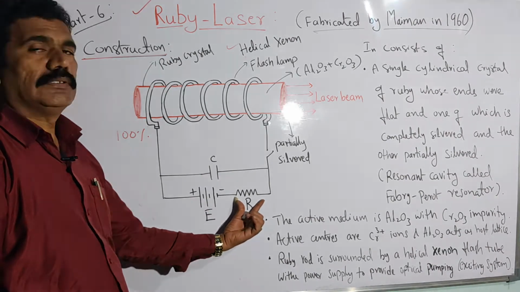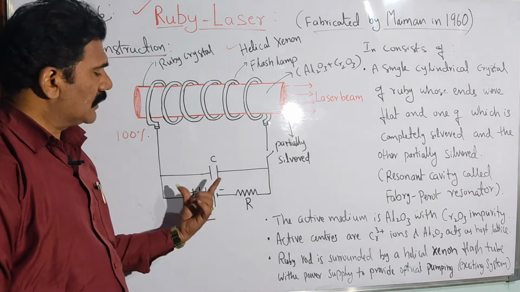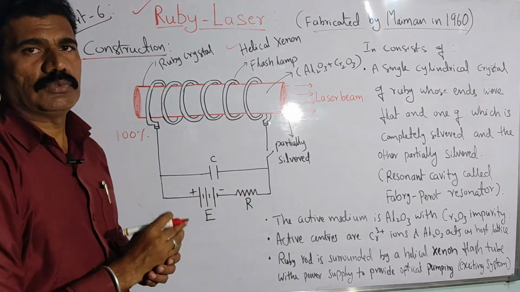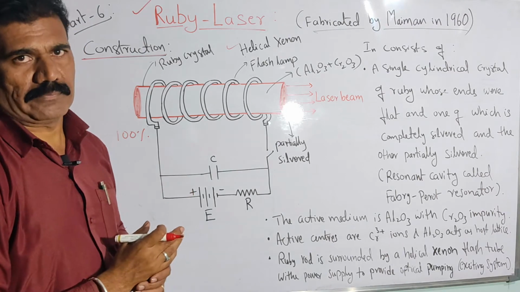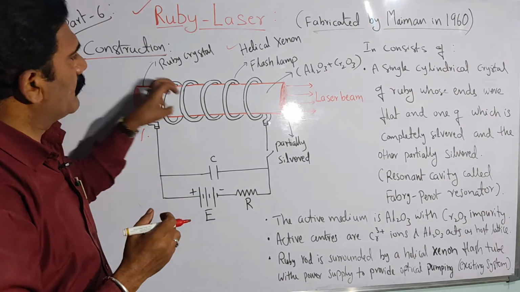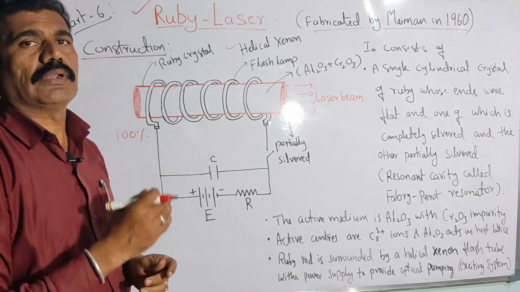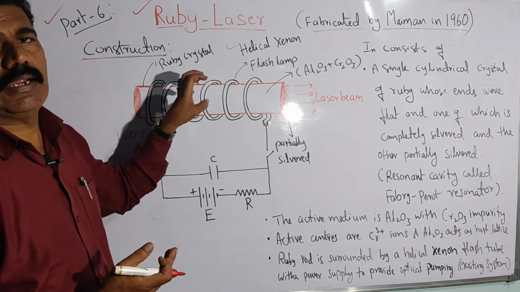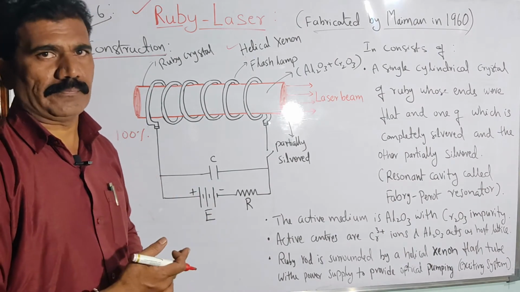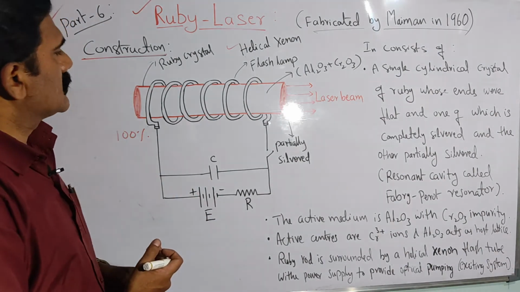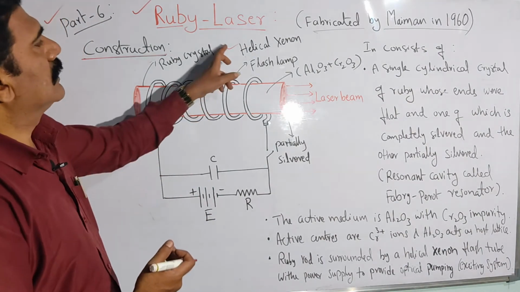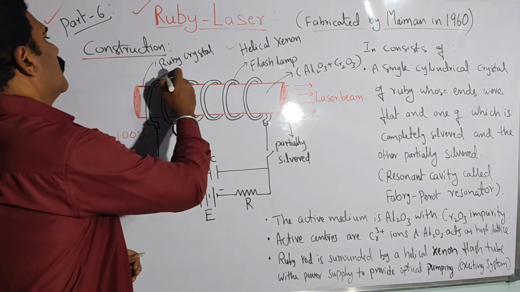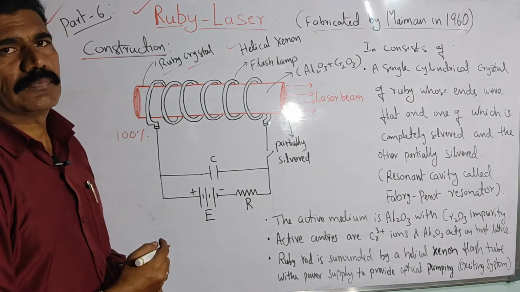This arrangement passes current through the helical flash lamp to give the maximum light power to pump the atoms. One of the techniques required here is pumping. When light is incident on the atoms, it is considered optical pumping, clear? For optical pumping, we use the helical xenon flash lamp surrounding the ruby crystal.